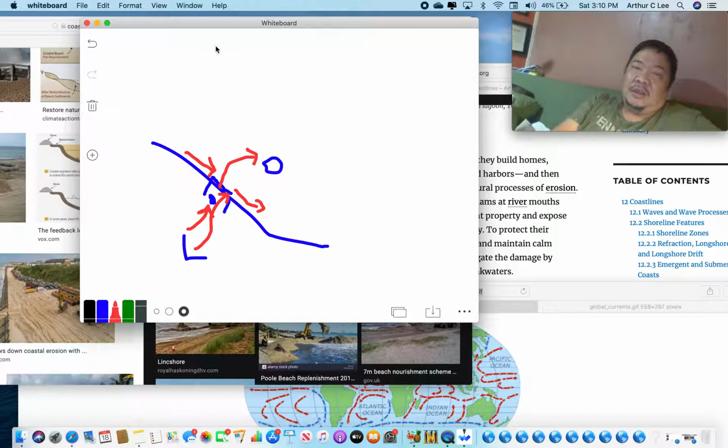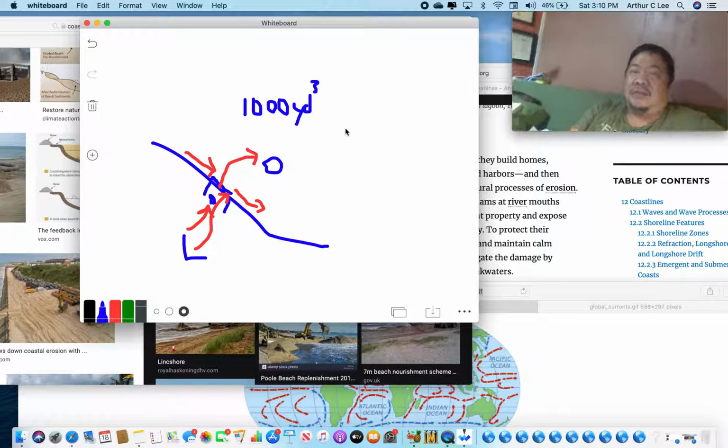And so you tally up all the numbers. And if the geologist is good, he'll give you an accurate number. Let's say it's 1,000 cubic yards. Then you call the contractor in and ask to have 1,000 cubic yards put on your property every year, because you're going to lose 1,000 cubic yards a year, and you need to make it up.